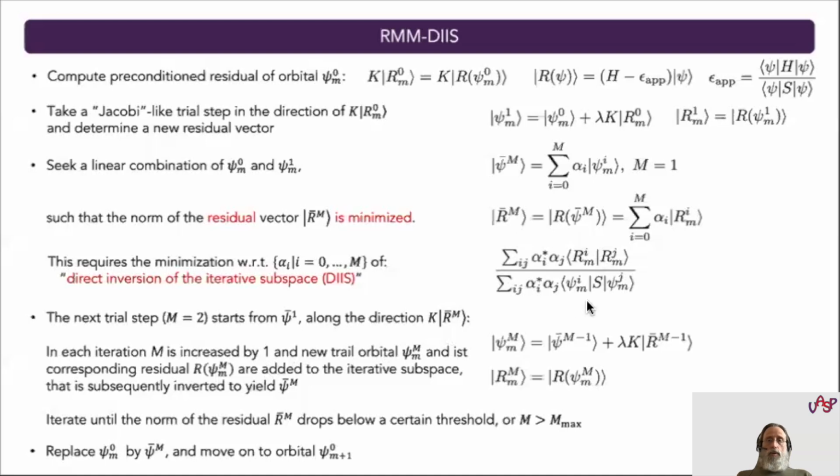And so this minimization problem becomes larger and larger. And we iterate this until the norm of the residual drops below a certain threshold, or we have reached the maximum iteration depth. Once we have done that, we replace this original orbital by its optimized one, and we move on to the next orbital.